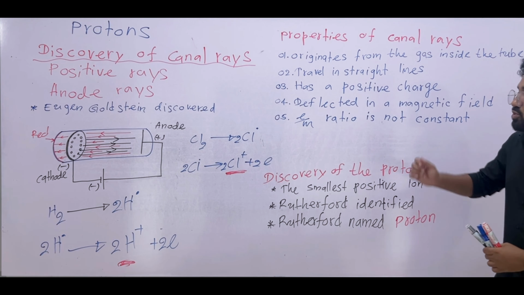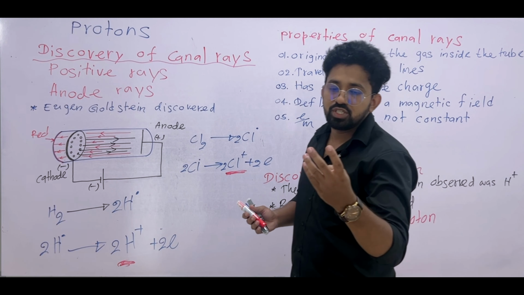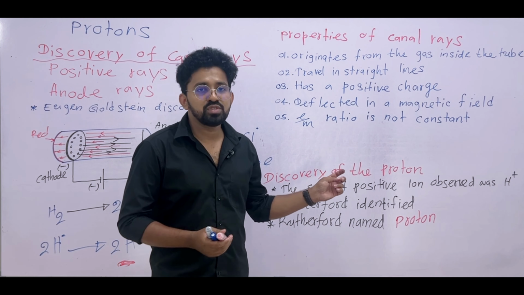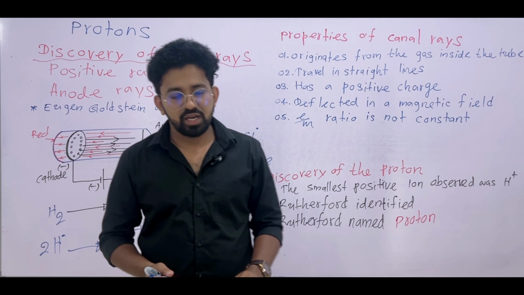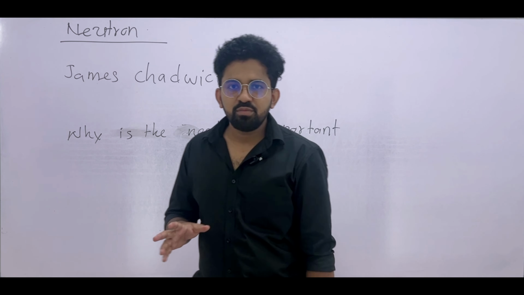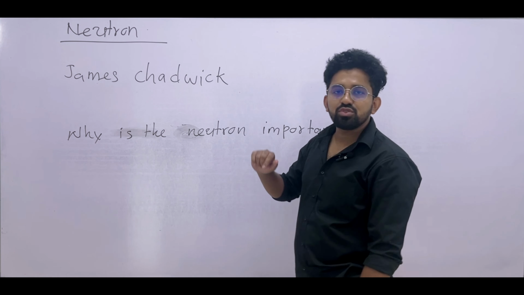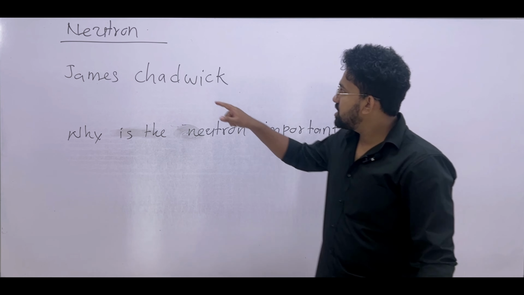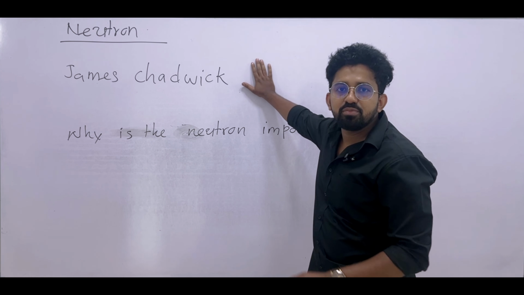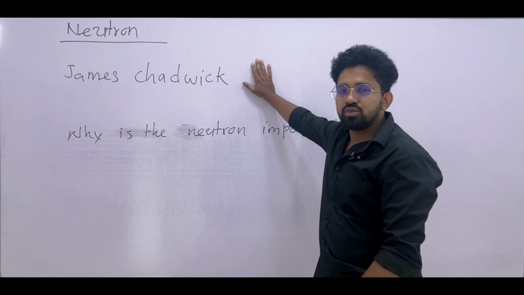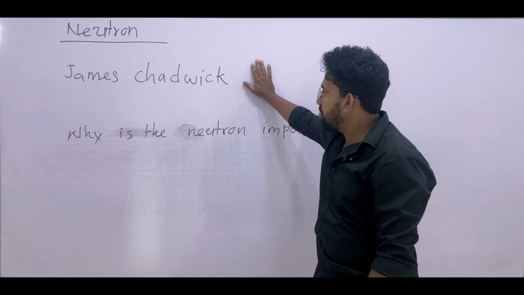So that is about the proton, and let's discuss the charge and other things about protons and the other subatomic particles. Then we have to learn about the neutron, which is also a subatomic particle. James Chadwick discovered the neutron from one of his experiments.